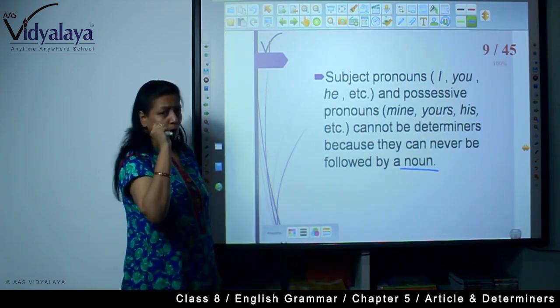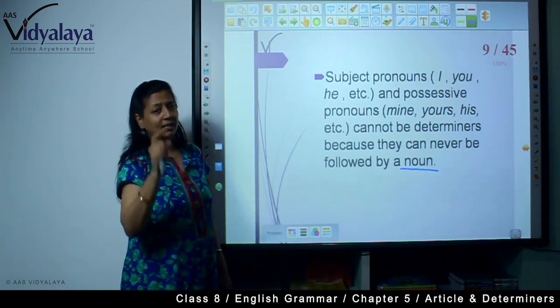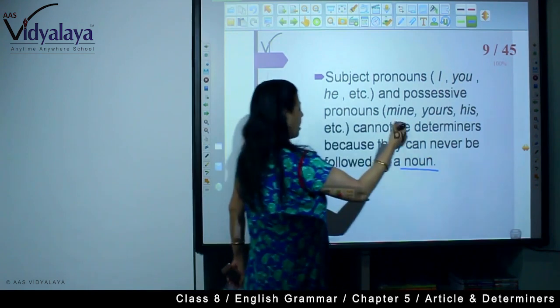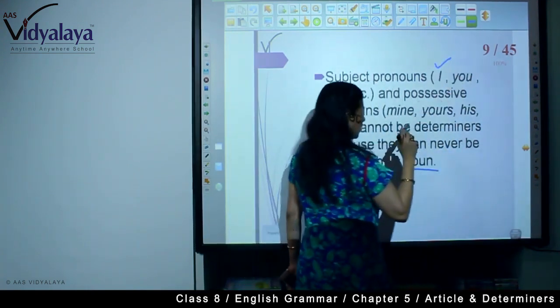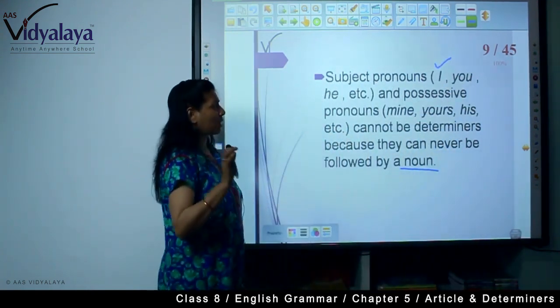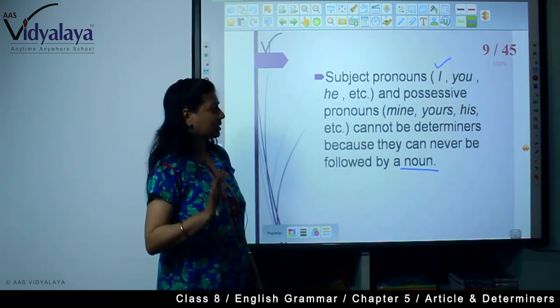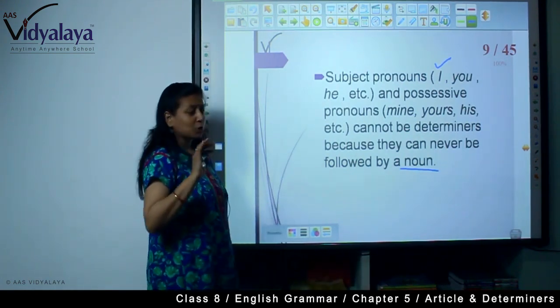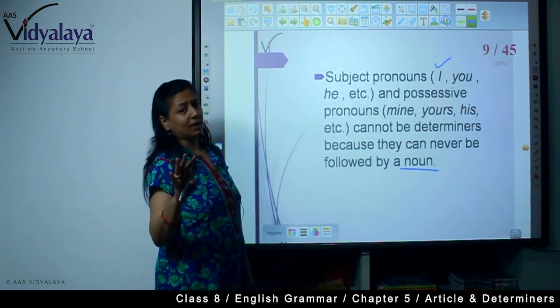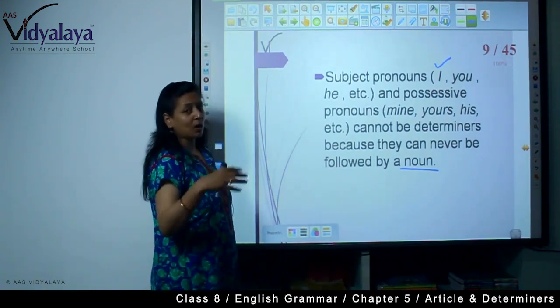But a determiner always modifies nouns. So I, you, he, etc., subject pronouns, cannot be determiners. Possessive pronouns cannot be determiners because after these a noun doesn't come.